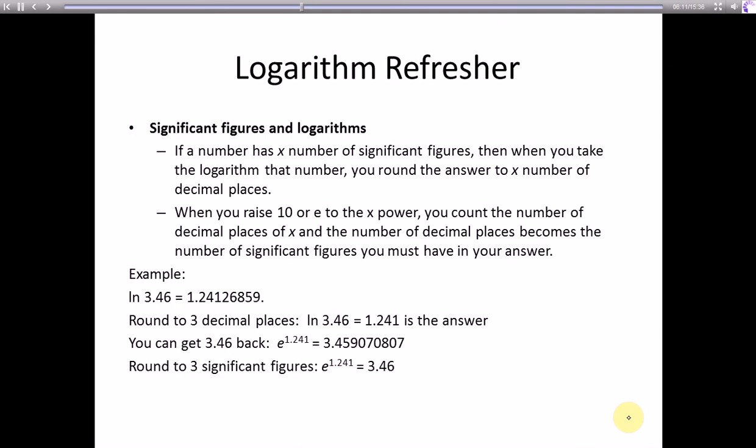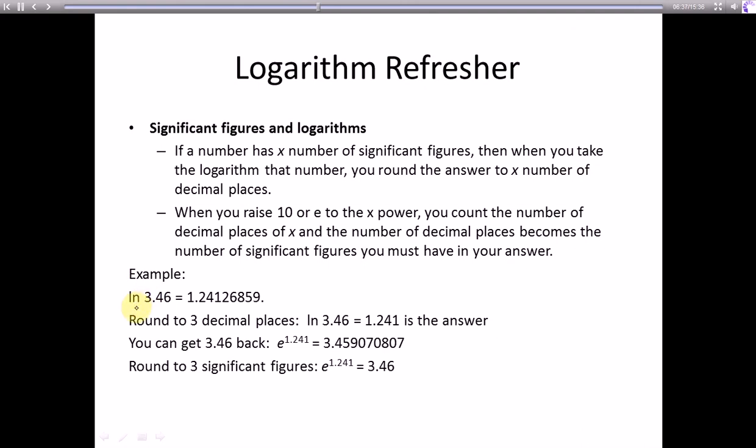Now we need to know how to use significant figures with logarithms. And here are the rules. If a number has x number of significant figures, then when you take the logarithm of that number, you round the answer to x number of decimal places. Here's an example.